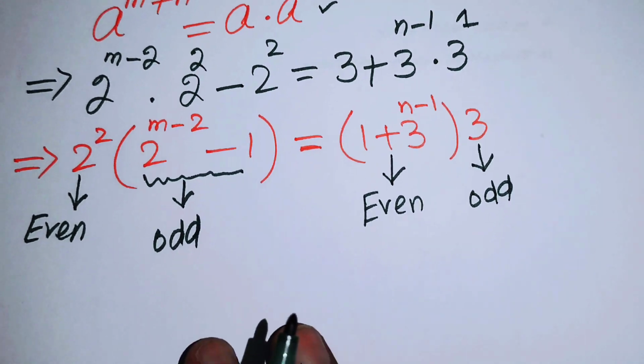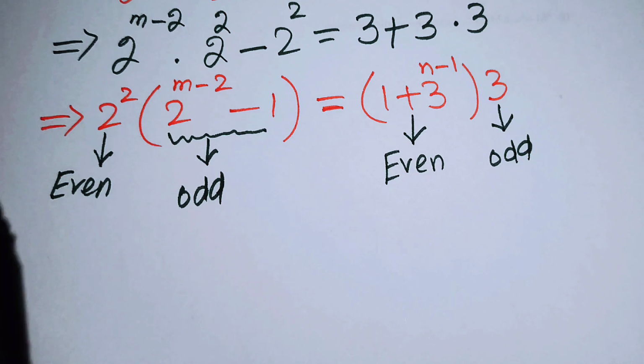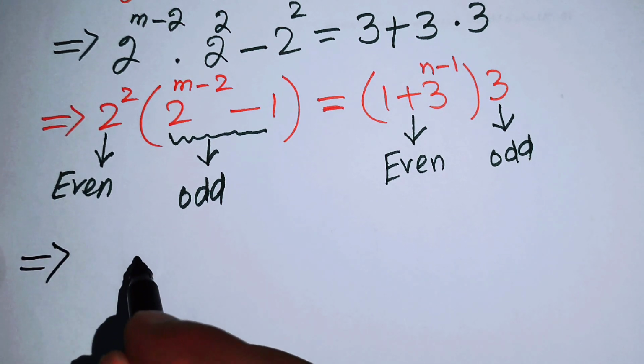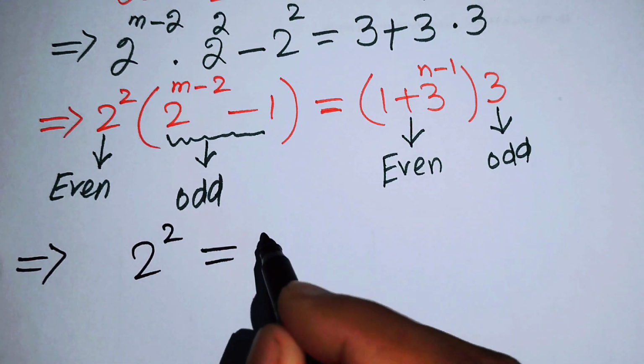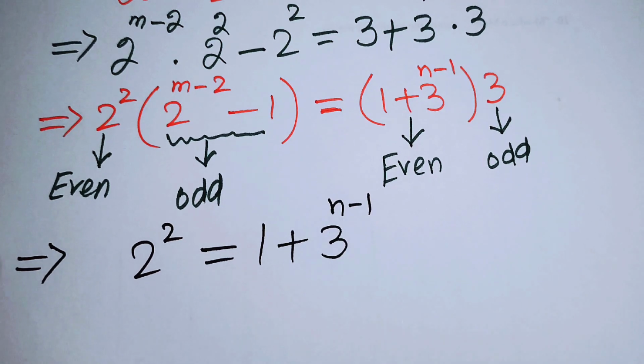Now we can compare both of the sides, and we compare even terms with even and odd terms with odd. In the left hand side we have the even term 2 squared, and in the right hand side we have the even term 1 plus 3 to the power of n minus 1.